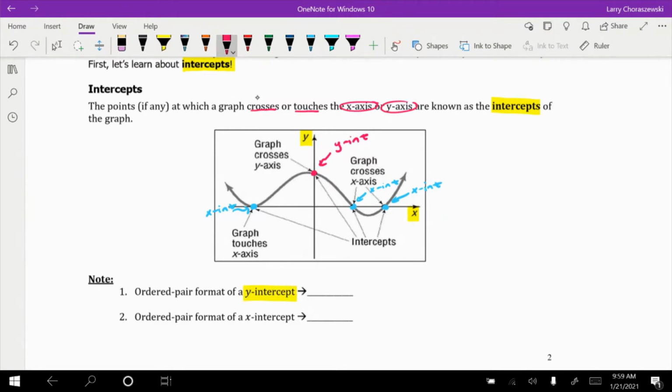A y-intercept is a point at which the graph crosses the y-axis. Can anybody tell me what the x-coordinate of a point on the y-axis is? If I wanted to plot a point on the y-axis, do I go left or right before I go up or down?